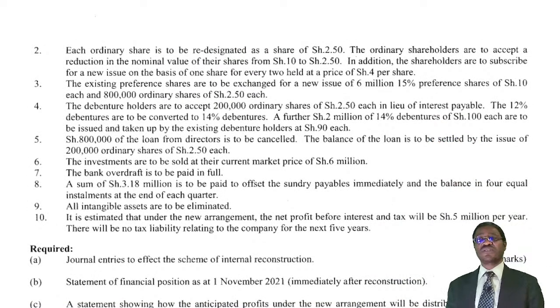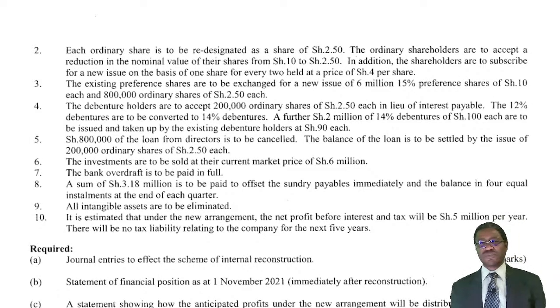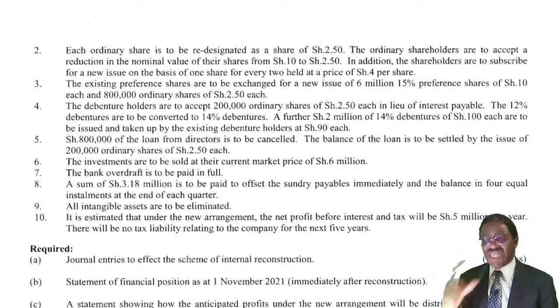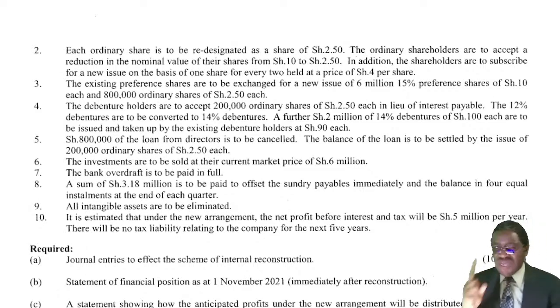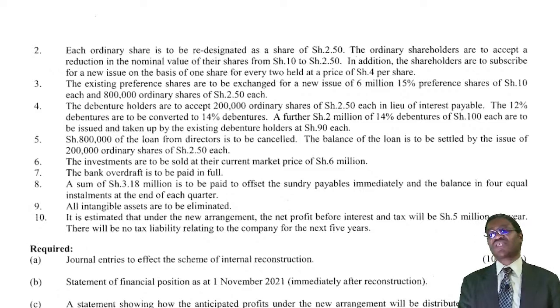The second part said, in addition, I hope you are there, the ordinary shareholders are to subscribe for a new issue on the basis of 1 share for every 2 held at a price of 4.